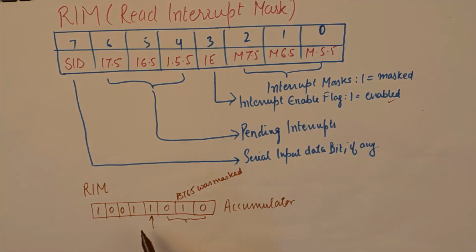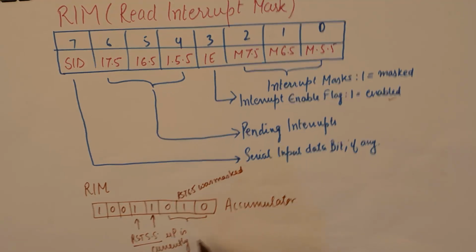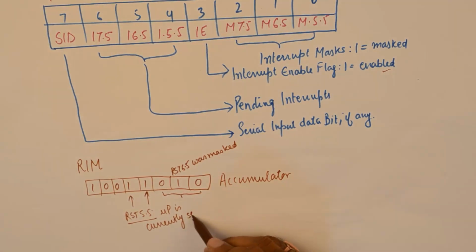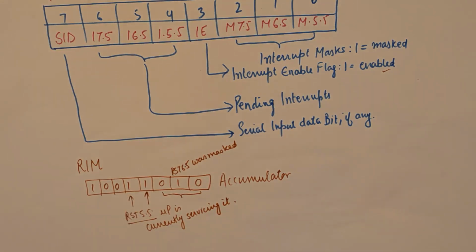And this shows that RST 5.5 is pending, or in other words the microprocessor is currently executing it or servicing it. And these 2 are not being serviced, or they are not pending, they are not even in queue, so they are 0.